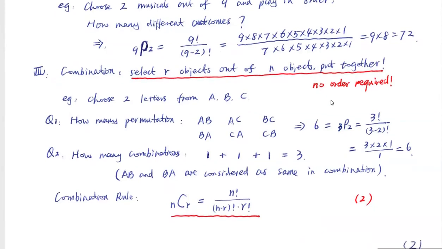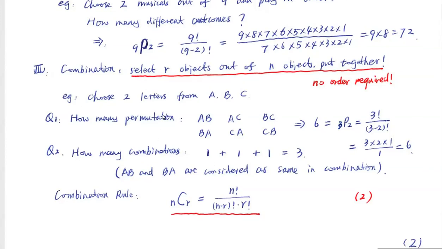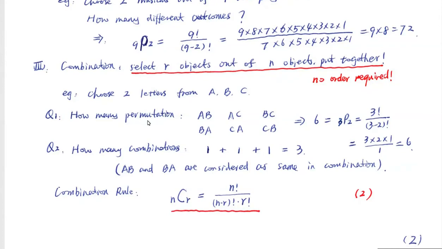So to give you a better understanding, what's the difference between permutation and combination? Let's use this example here. Say we want to choose 2 letters out of these 3 letters, A, B, C. So choosing 2 out of 3. Everybody, how many outcomes do we have in permutation?